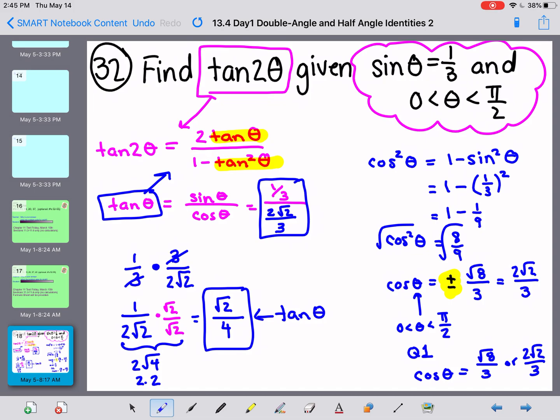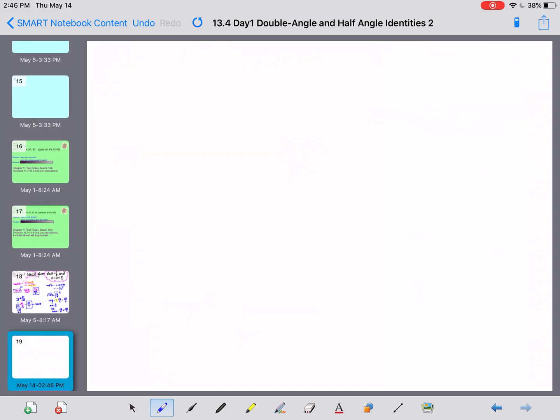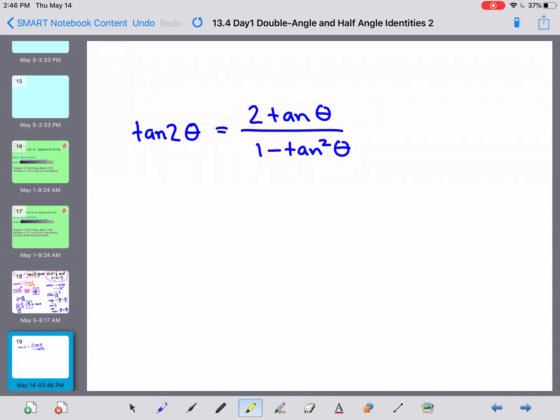Okay? So now, I'm going to go on to the next screen, so pause if you need something. Now I go back to that tangent of 2 theta formula, and I'm going to substitute in that root 2 over 4 for these highlighted spaces here.